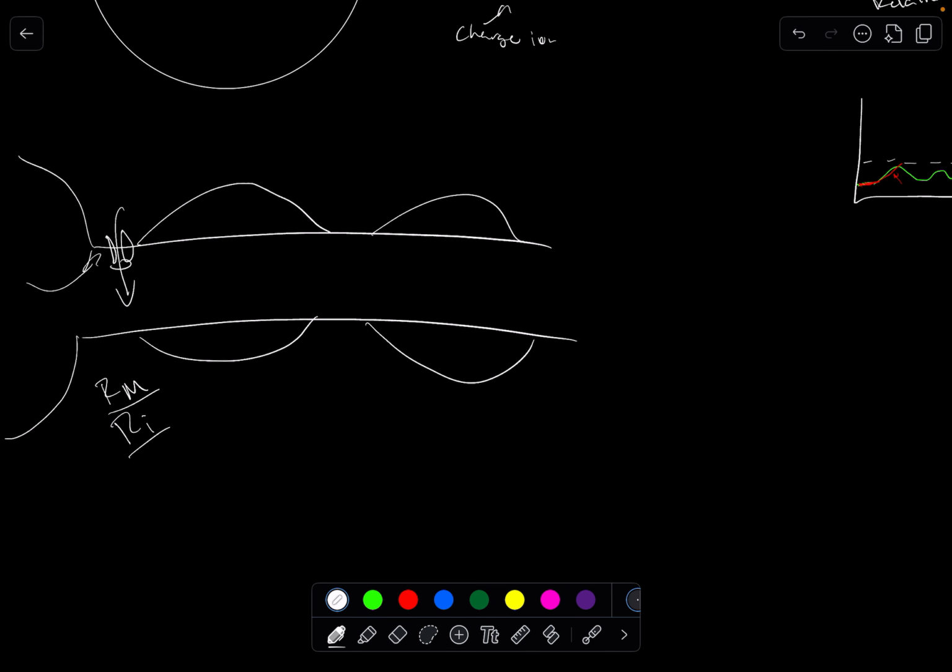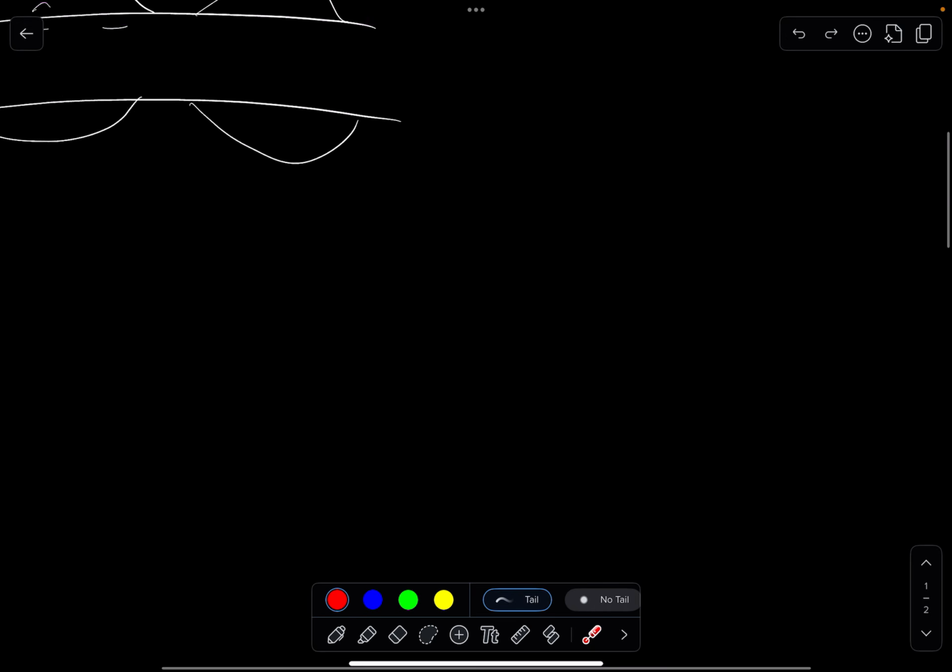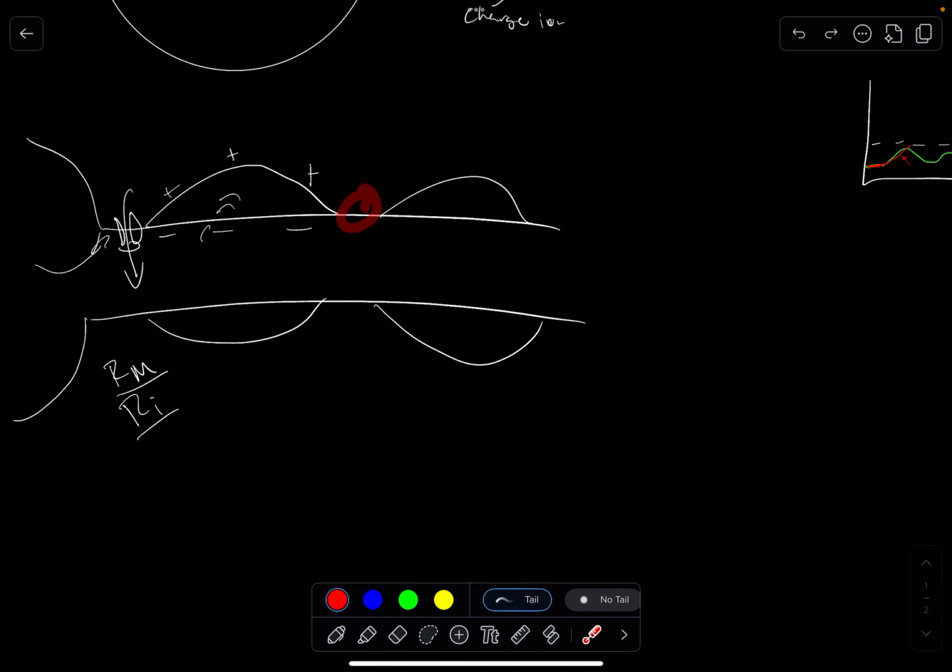What this myelin is going to do to this action potential is it's going to separate these charges a lot more, right? So you've got negatives on the inside, positives on the outside. These negatives are going to have a lot more of a force field, right? Whereas right here, we're going to have our negatives right next to our positives, right?